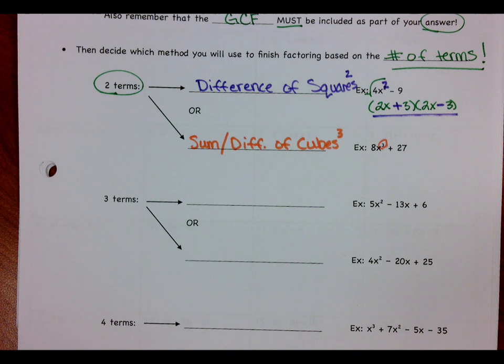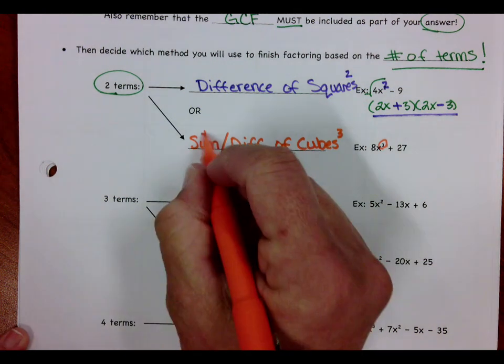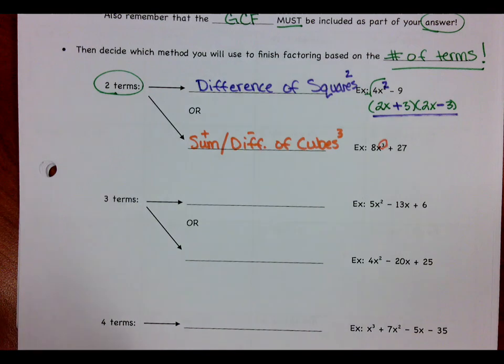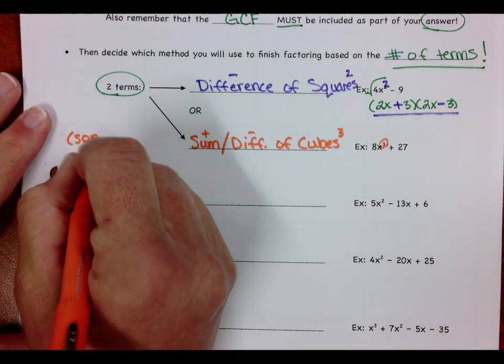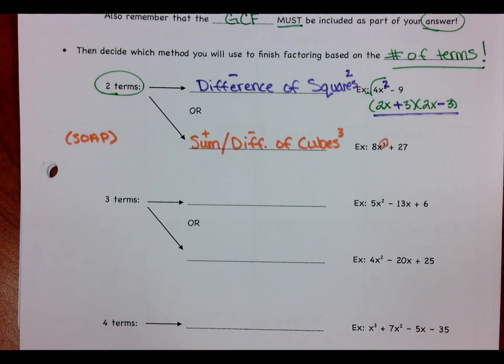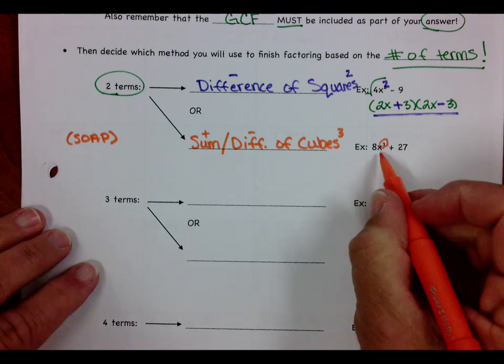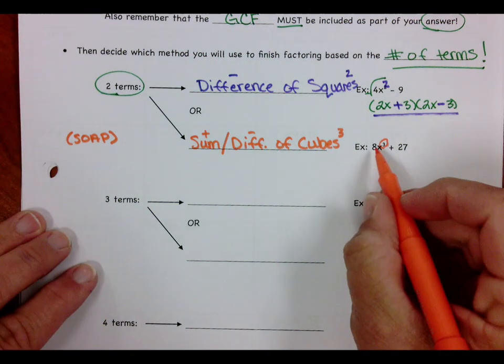And this one could be addition or subtraction, right? So the difference of squares has to be subtraction, but the sum and difference of cubes could be either one. And that's where that little acronym SOAP comes in to help us remember what signs. Same, opposite, always positive.